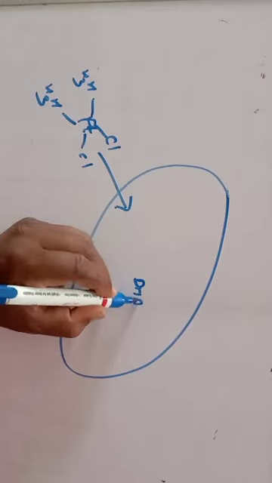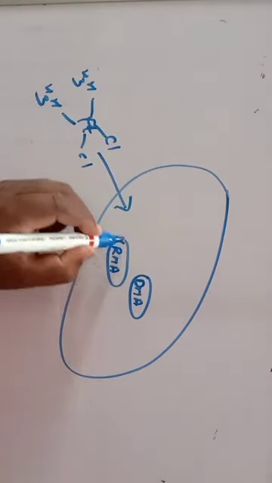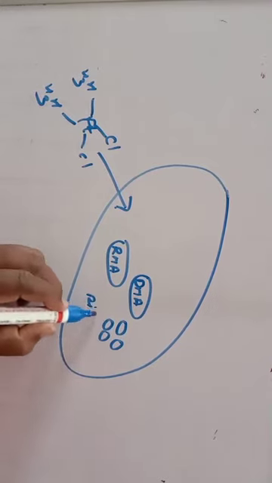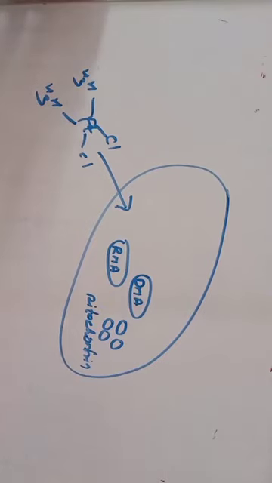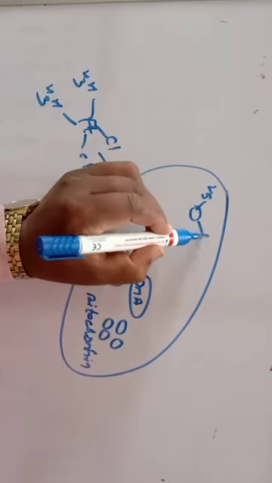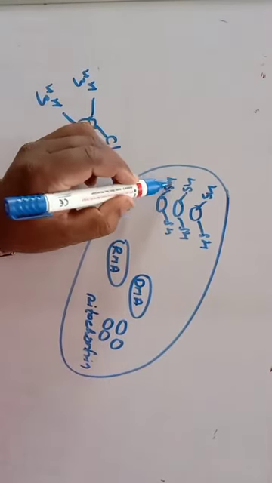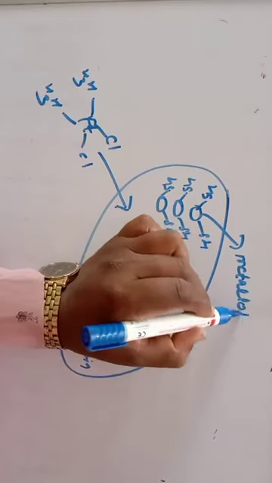The cell consists of different components such as DNA, RNA, mitochondria, and some enzymes such as metallothionein, which contains SH.